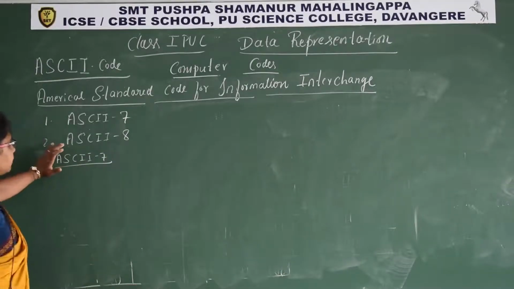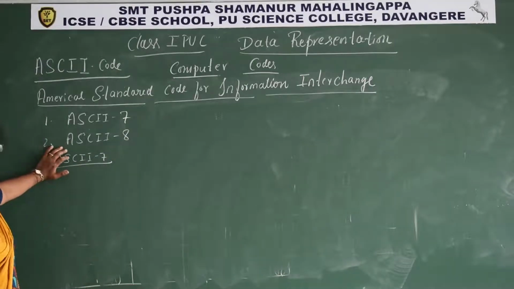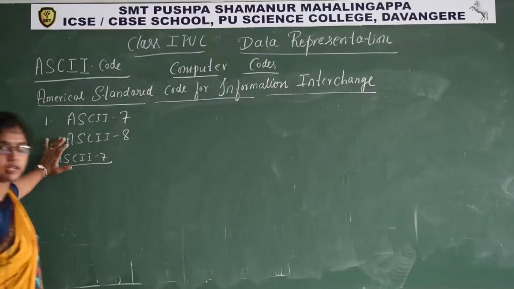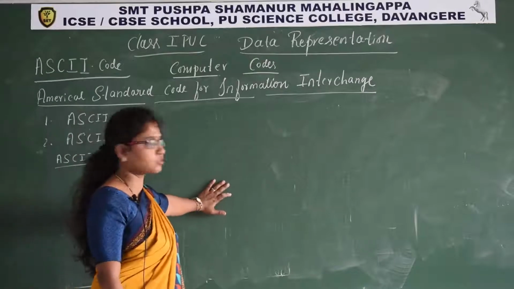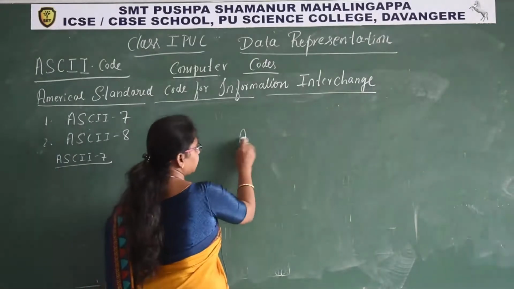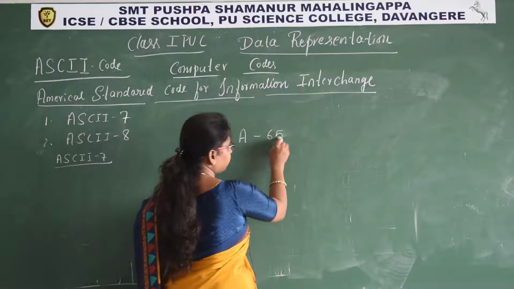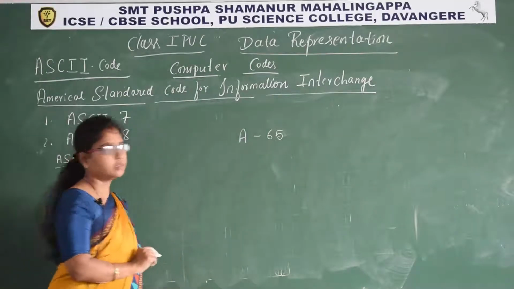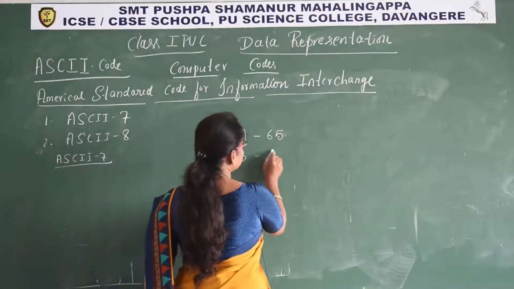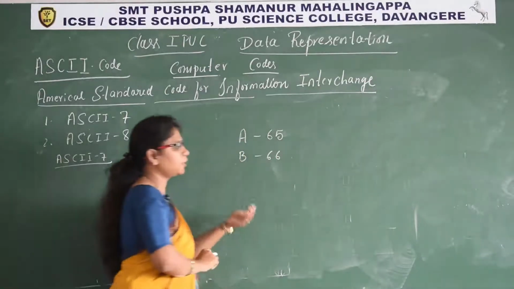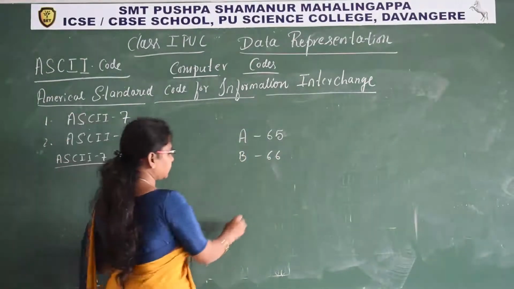ASCII 7 is a binary conversion. Actually, every character on the keyboard has its own ASCII value, which is a decimal number. For example, capital A ASCII value is 65. You need to remember this value. Capital B 66. So it is incremented by 1 up to capital Z.